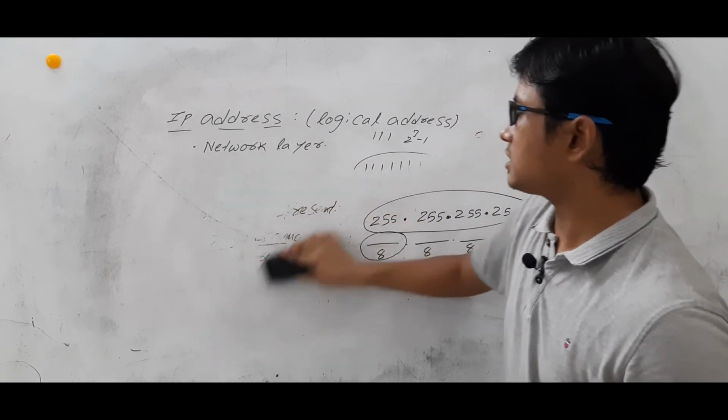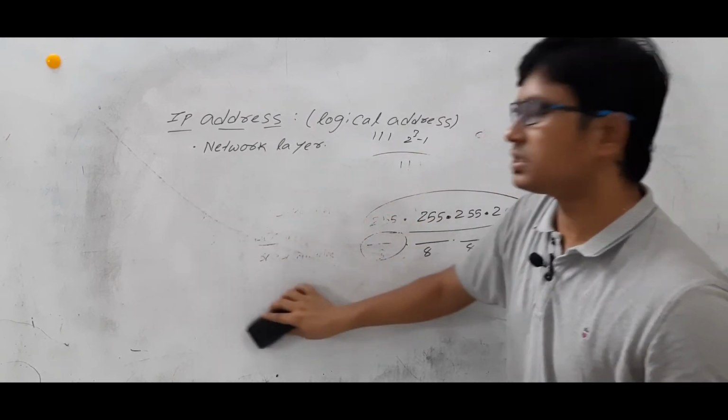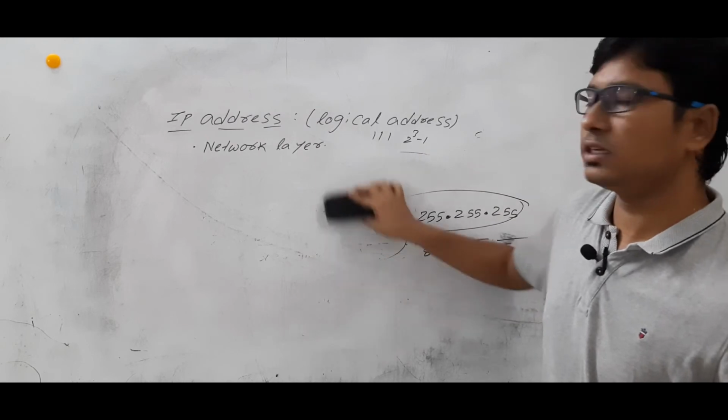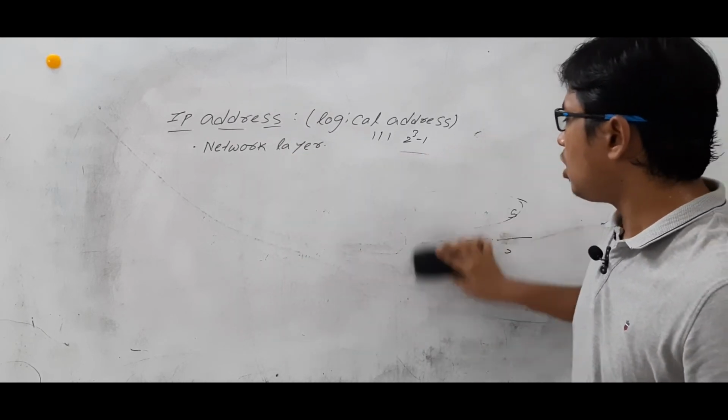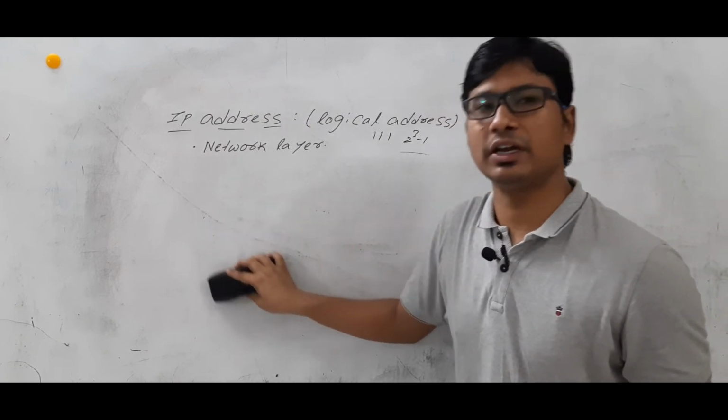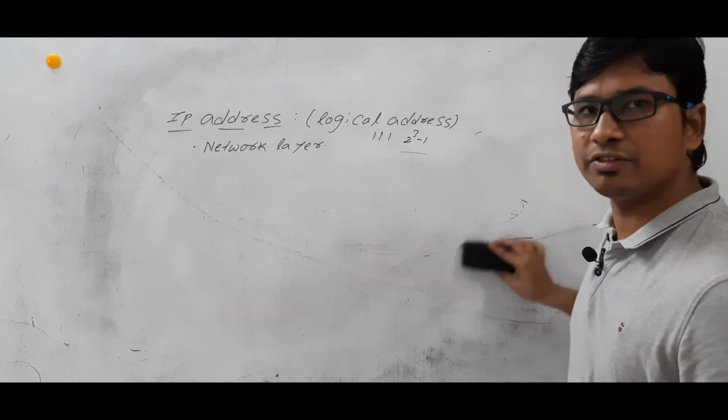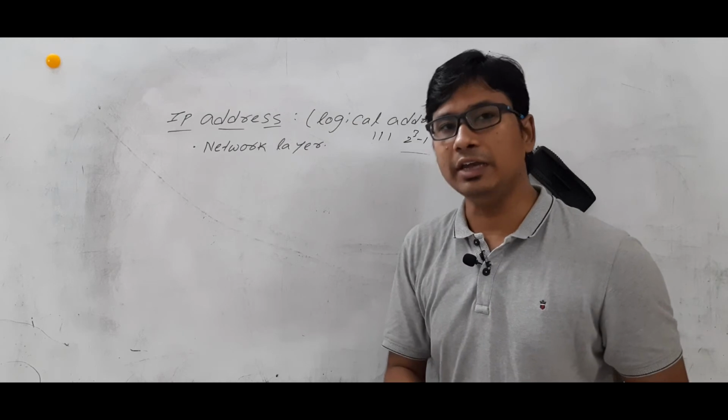Now you can ask me, sir, you said that a network ID and a host ID are there within the 32 bits. How can I identify how many bits are allocated for the network ID and how many for the host ID, by seeing the IP address?